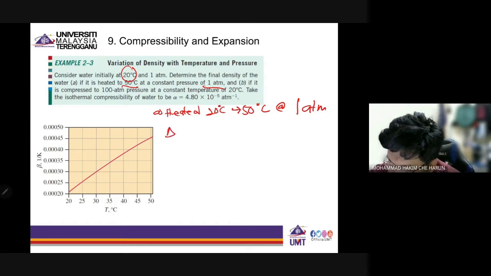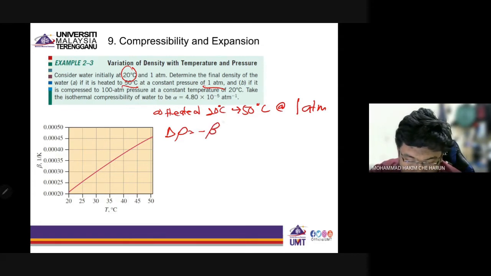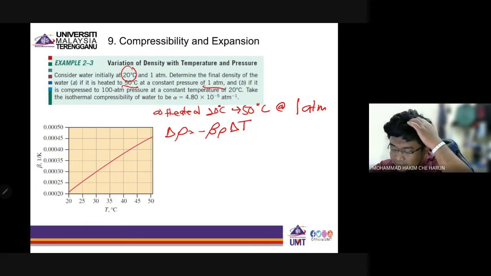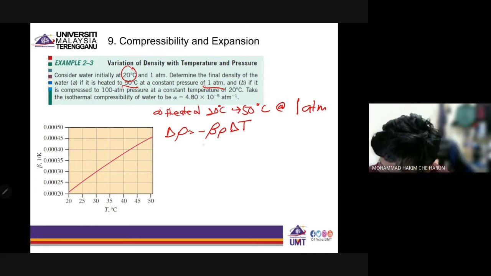Jadi formula dia adalah delta rho, the change of density, equal to negative coefficient of expansion times the density times delta T, the change of temperature. Okay. Jadi daripada sini kita dah boleh cari.